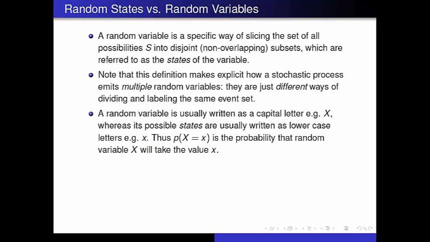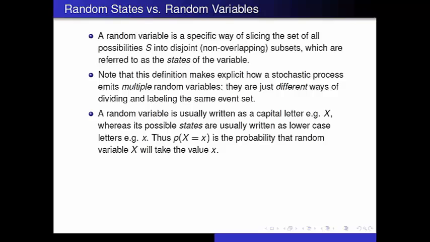So one more little convention for how I'm going to write things. I'm going to write random variables using capital letters, and when I need to explicitly refer to the idea of a specific state of that variable, I'm going to use a lowercase letter.